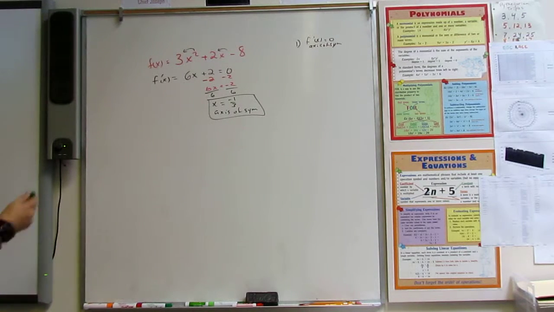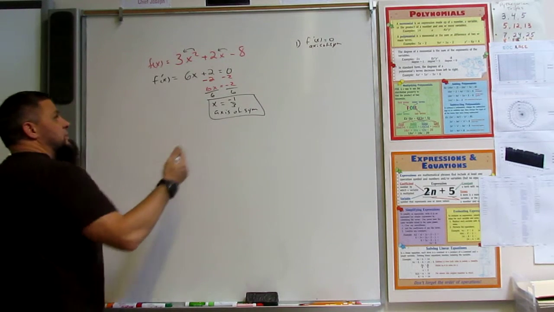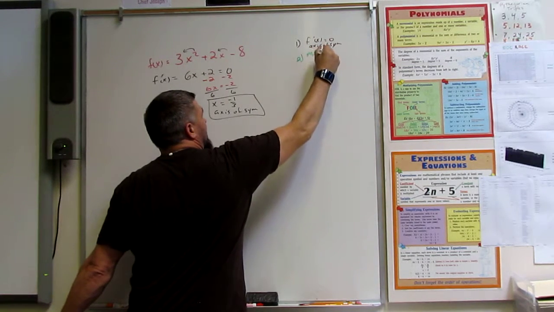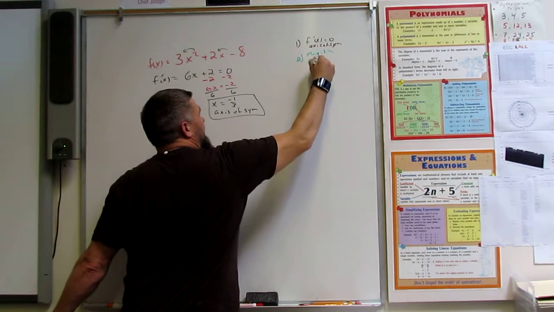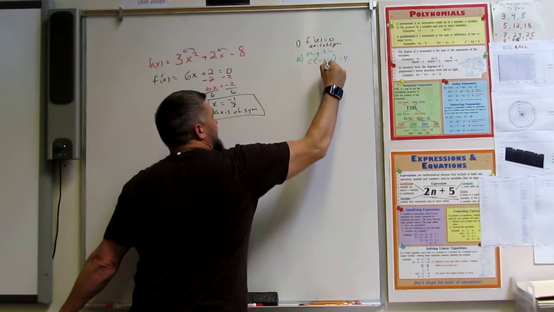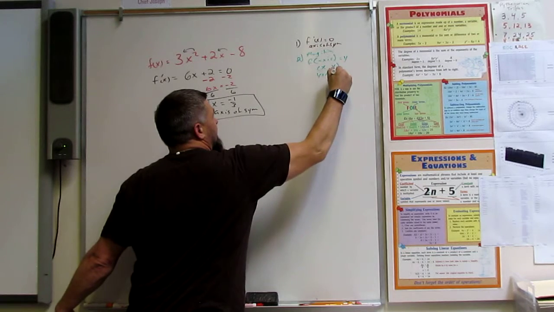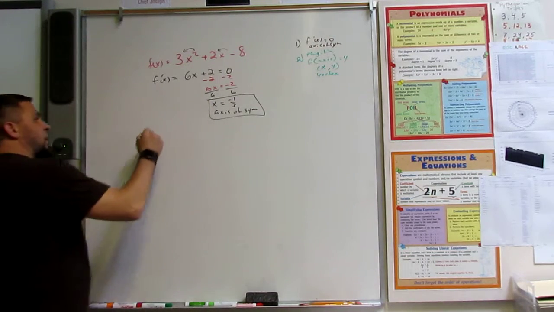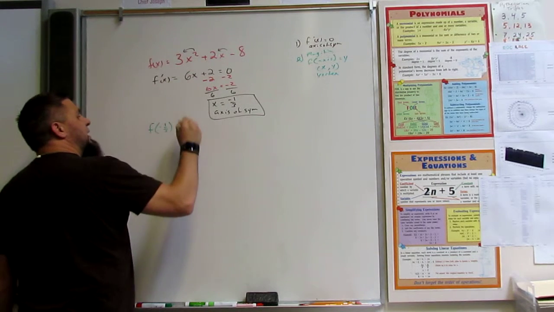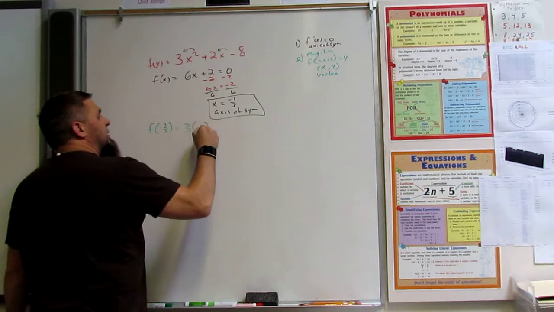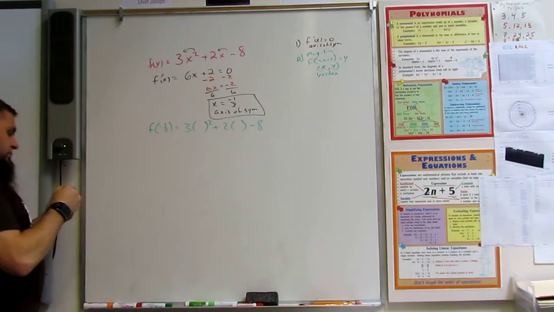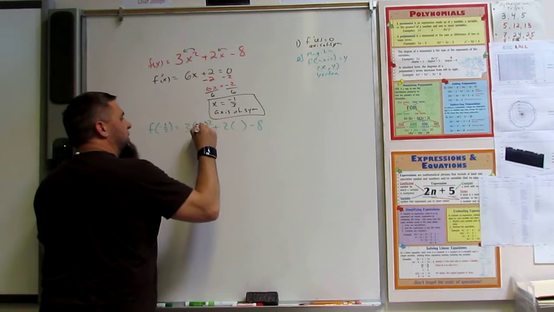Alright, next. Second step: plug it in, right? F of the axis equals the y. This is your vertex. So just plug it in. F of negative 1/3 equals 3x squared plus 2x minus 8, and I just plug this negative 1/3 in.